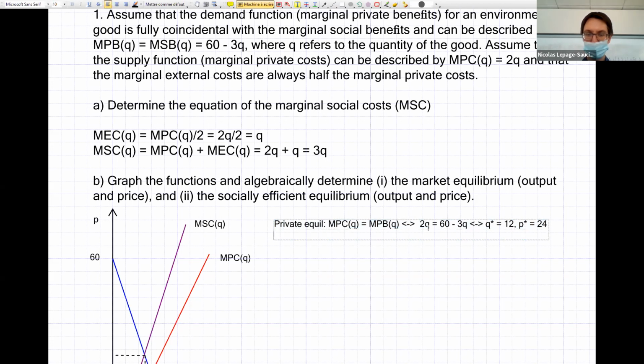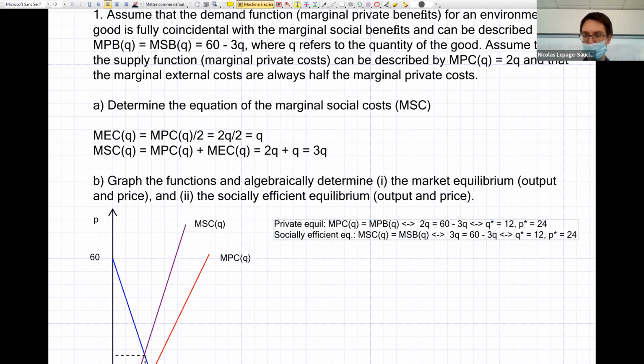So that's private equilibrium, social equilibrium. So efficient equilibrium equals this.